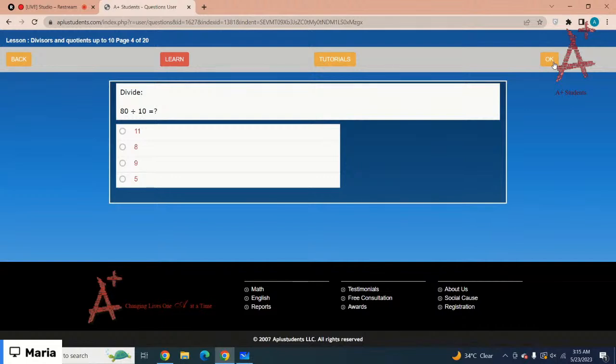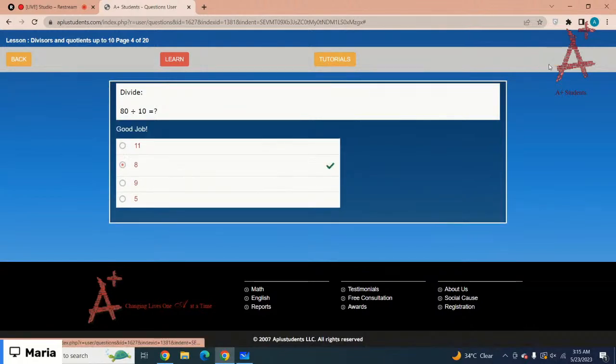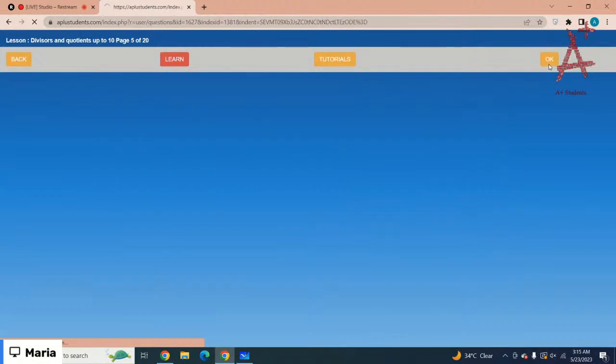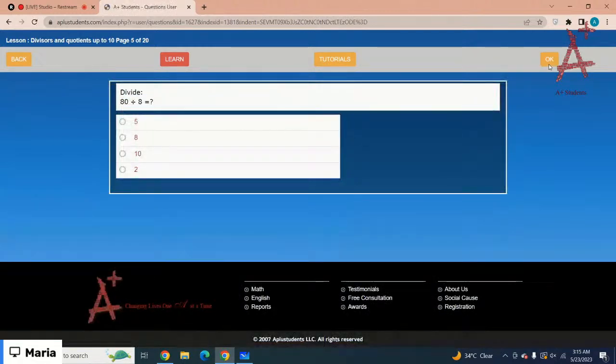It would be 10 times 8 is 80. So the correct option is 8. The next one is 80 divided by 8. Which is the correct option? 10 times what number is 80?